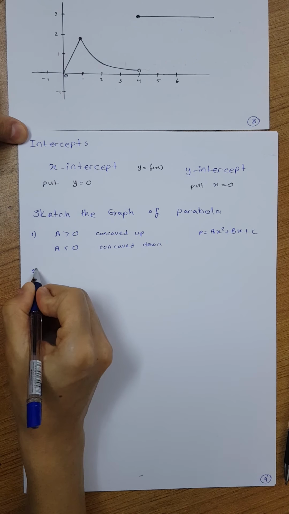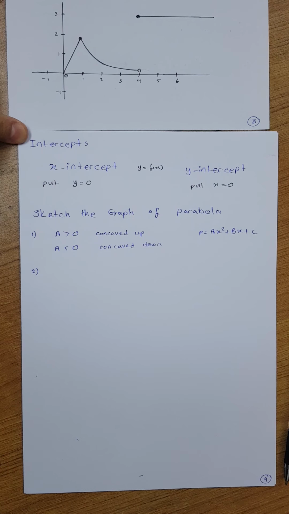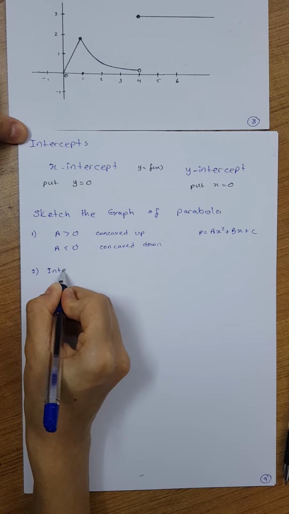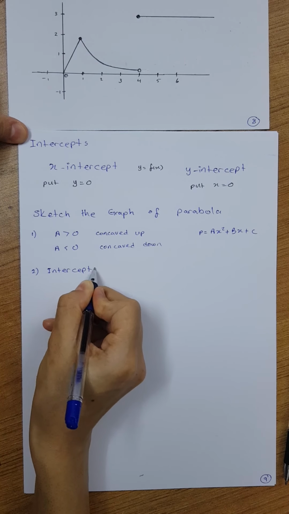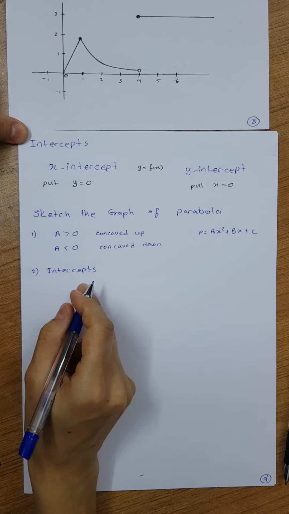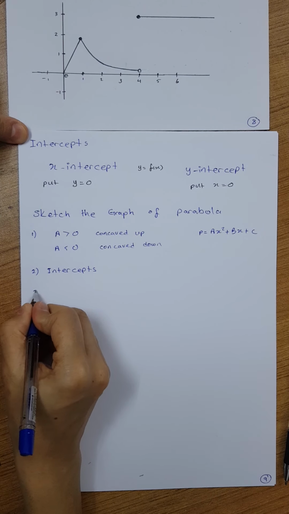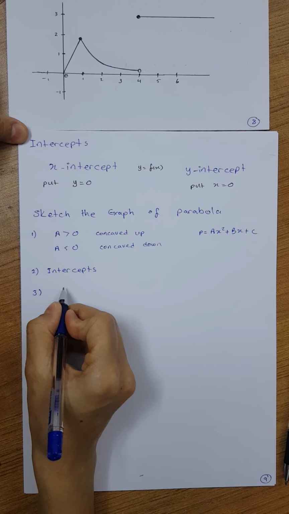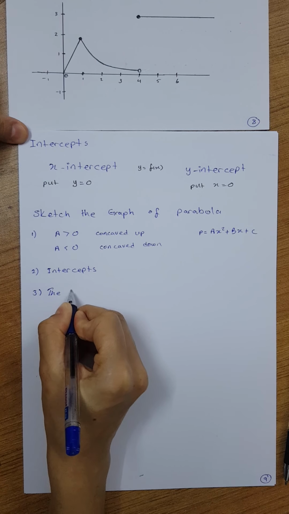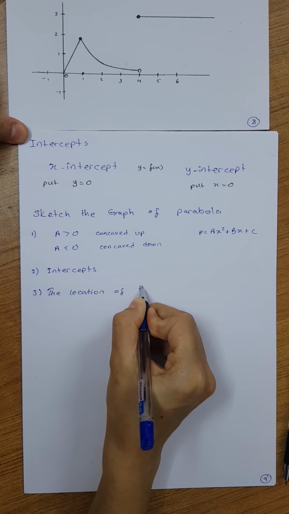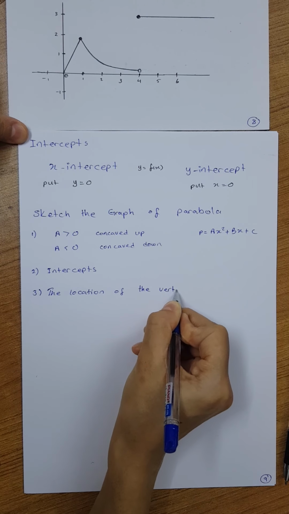The second thing that I will need is the intercepts. I have to find the intercepts of the function. What are the intercepts? I have to find the x-intercept and y-intercept. The third thing is the vertex, the location of the vertex. What is the vertex?